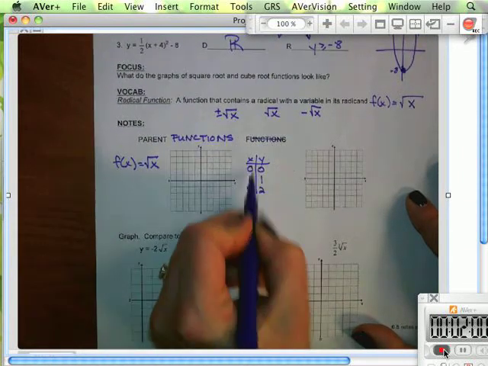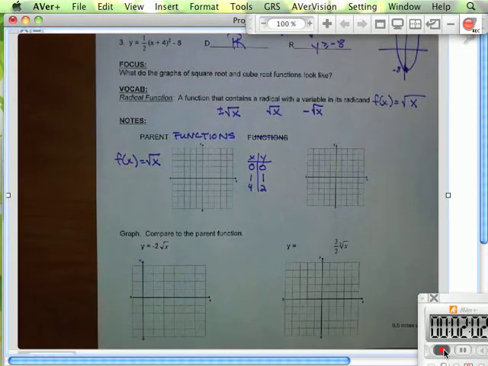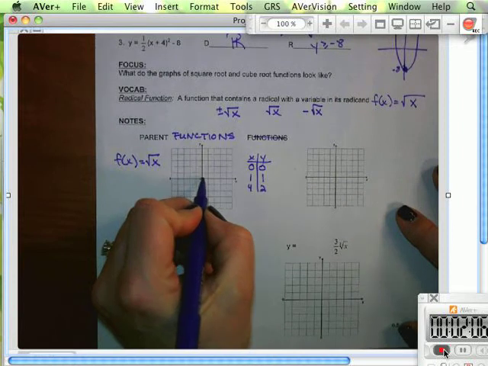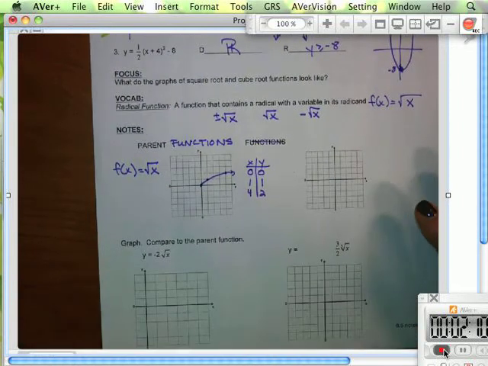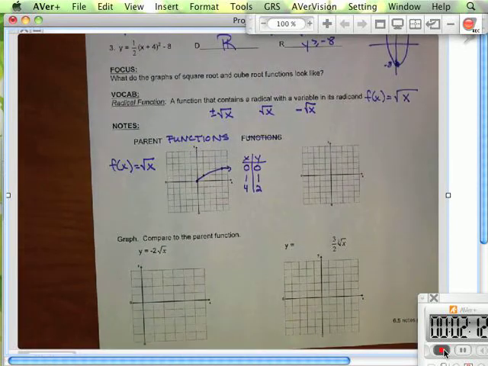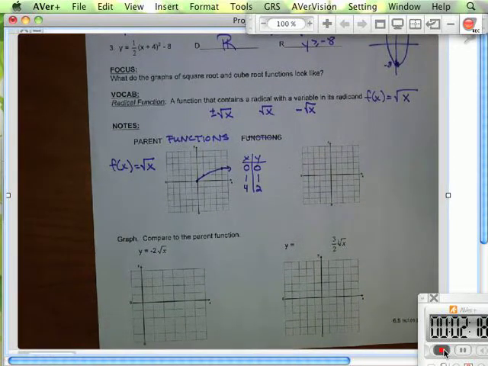These are 3 points, and when you have to sketch the parent function, they're real easy to sketch: (0, 0), (1, 1), (4, 2). Boom. That's the parent function. This is what you're going to shift around today, just that piece. The reason it's only half of the parabola is because we're only using the positive. Got it?